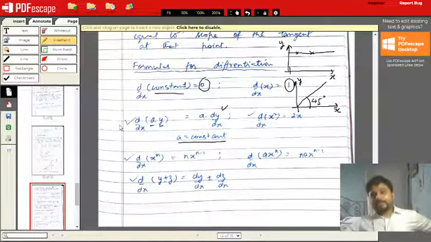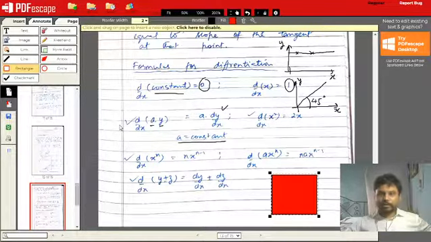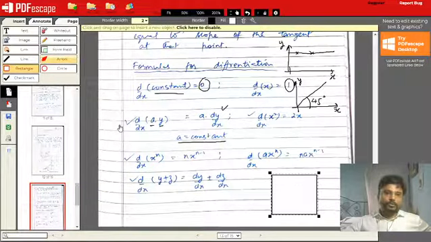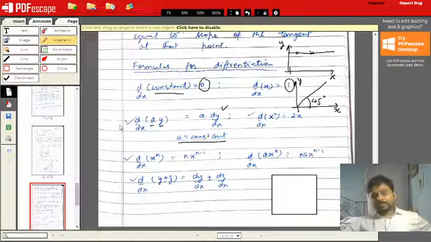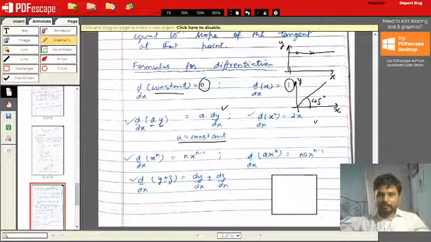Next, d by dx of x square. To differentiate that, let's draw a square. Here y is equal to x square, so that is what we are looking for.